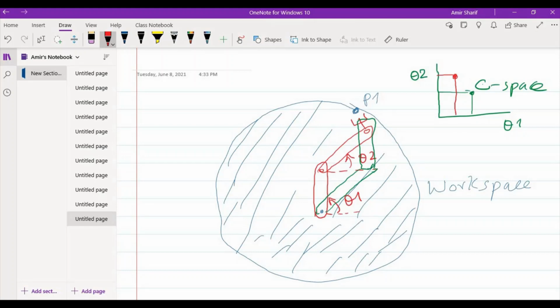So this is your configuration space, which tells you the specification of your joints or the configurations of your robot, and then you have a workspace represented by this blue circle. This has to do with the end effector and how your robot is made, and it has nothing to do with your configuration space.